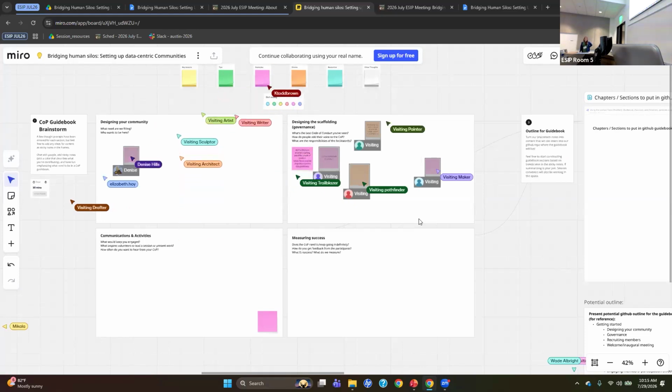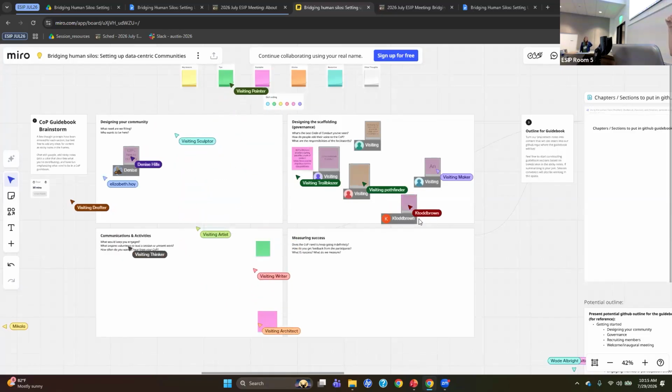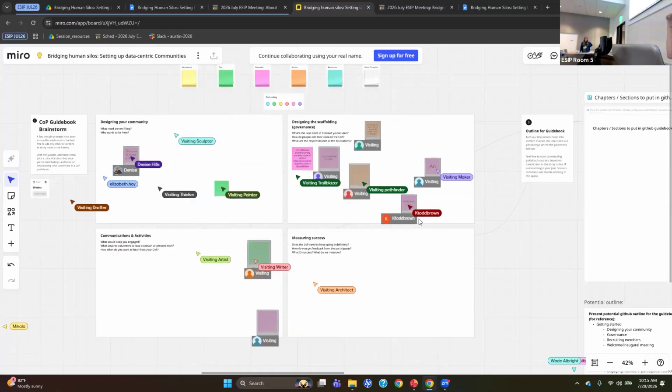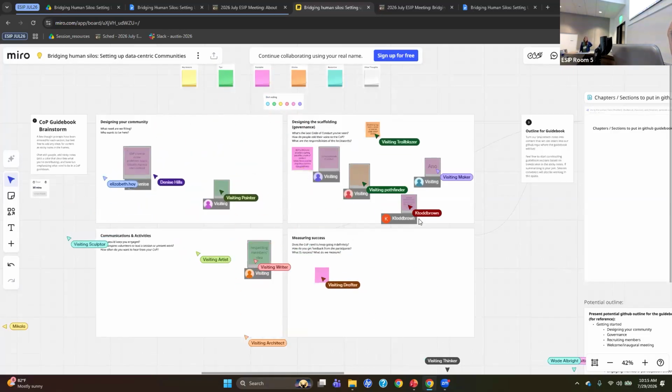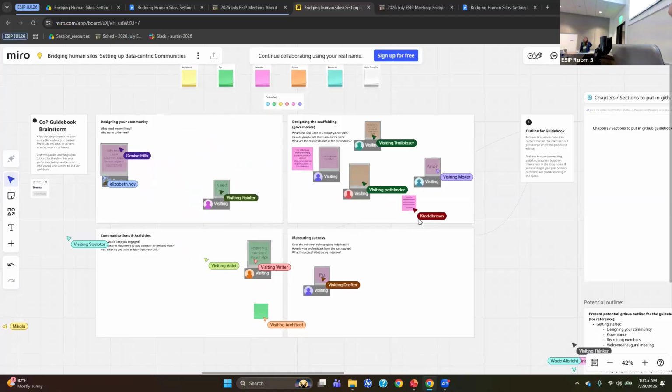We can also go to breakout rooms, and so people can discuss those things and then write down the post-it notes together. So the virtual people will be able to discuss amongst themselves and do things.